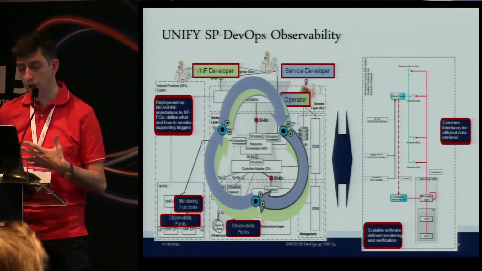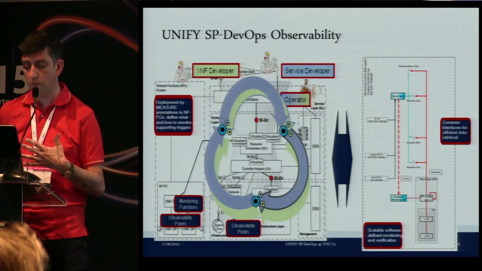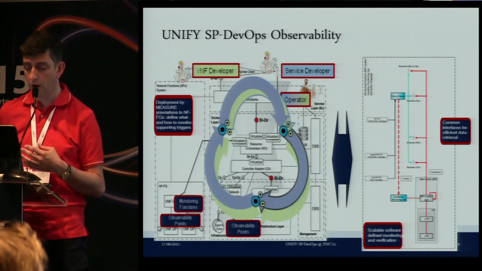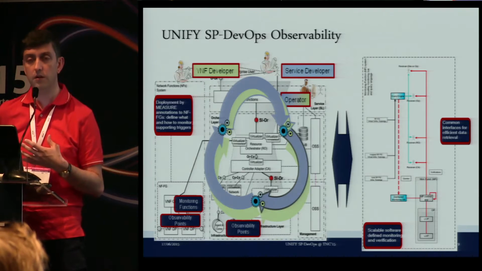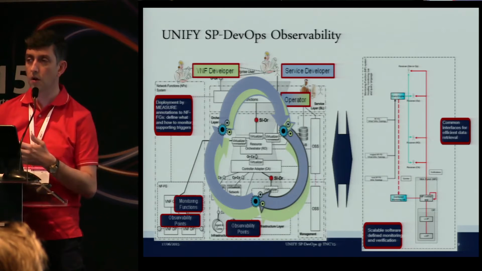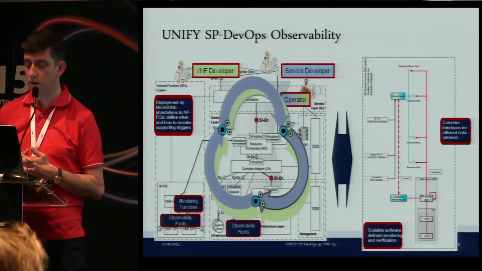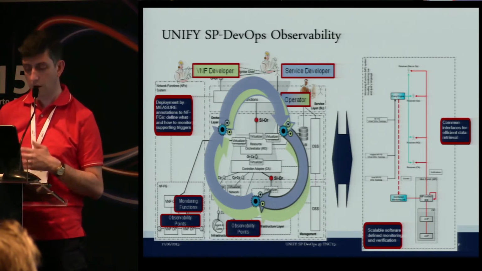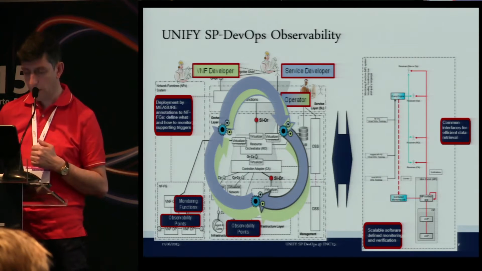So what we end up with is a scalable software-defined monitoring and verification set of capabilities available at the infrastructure layers with a common interface that allow the orchestration layers or any other type of consumers to have very efficient data retrieval from the infrastructure observations.